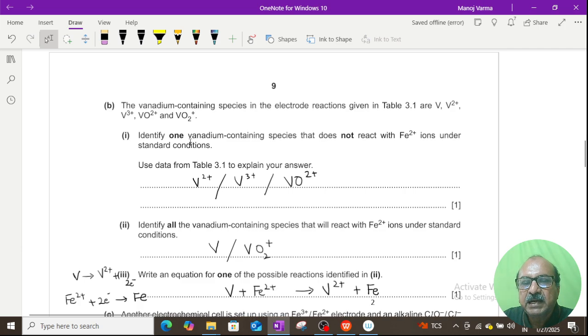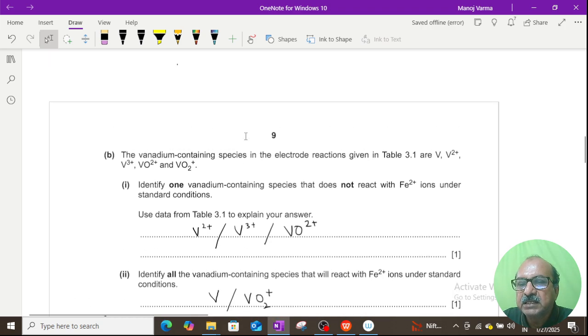Identify one vanadium containing species that does not react with Fe2+ ions under standard conditions. Identify one species that does not react with Fe2+.